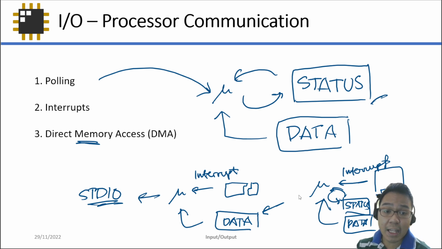Now, for direct memory access, we have some sort of external hardware to do that for us. So the microcontroller, whenever it wants to do something with a peripheral, it just tells some hardware, which we call the direct memory access controller.